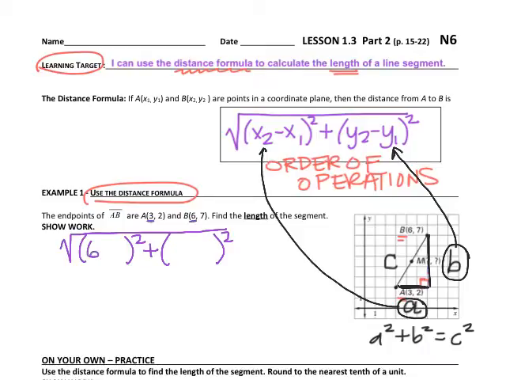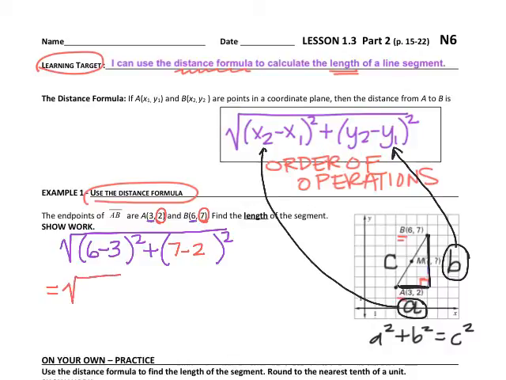I would like to take the larger number and subtract the smaller number just to keep all of my numbers positive if possible. Then I have this y value, which is larger, and this y value, which is smaller. So just to avoid any problems with negatives, I always try to take the big number and subtract the small number. It really doesn't matter which one is x2 or x1.